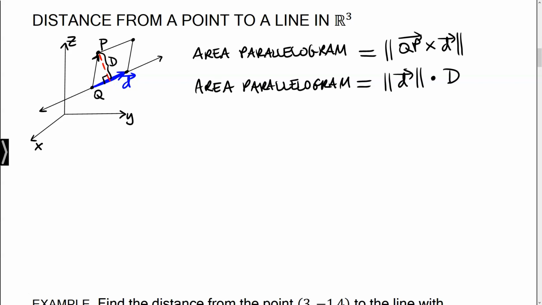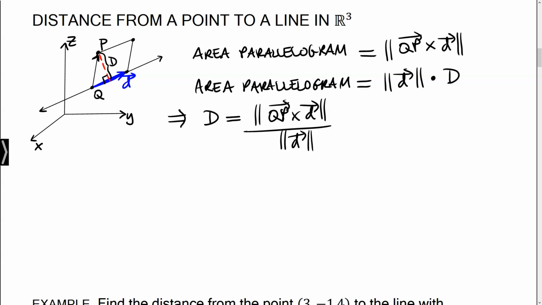So setting these two equal, that just means the distance is going to be the length of the cross product divided by the length of D. And that's really the easiest way to find this distance from a point to a line.